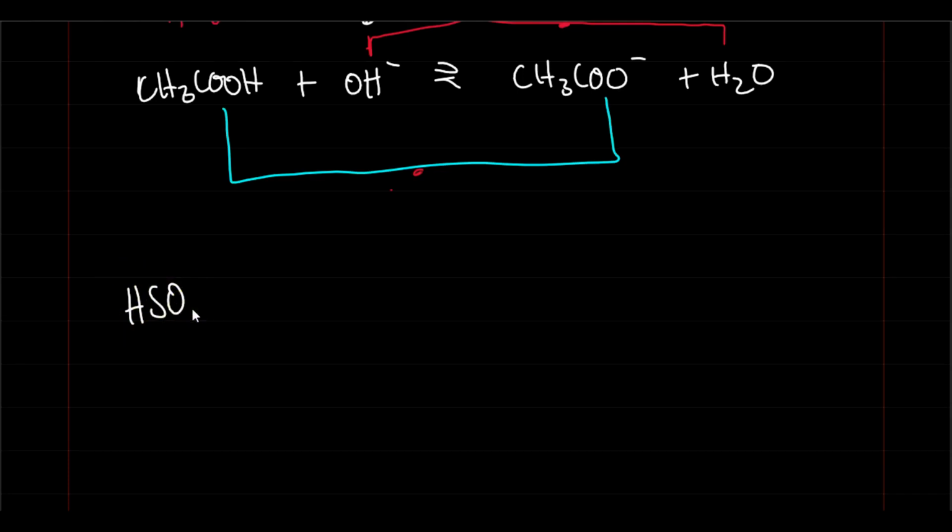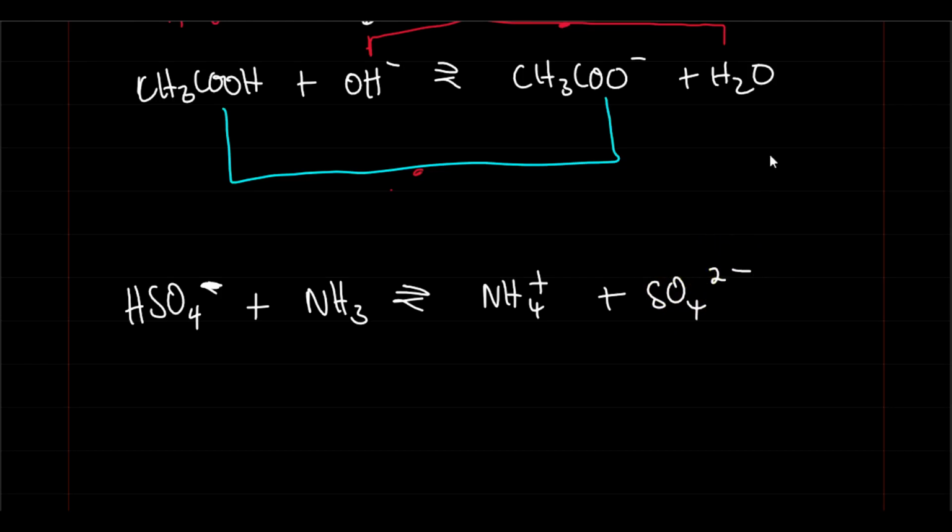HSO4 minus plus NH3, giving us what? NH4 plus plus SO4 2 minus.